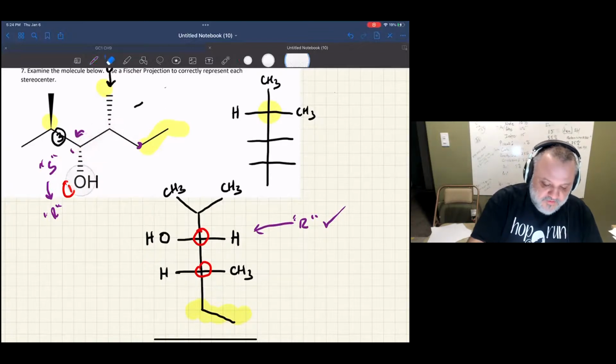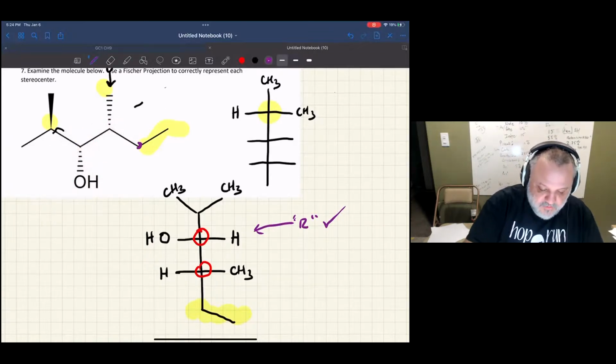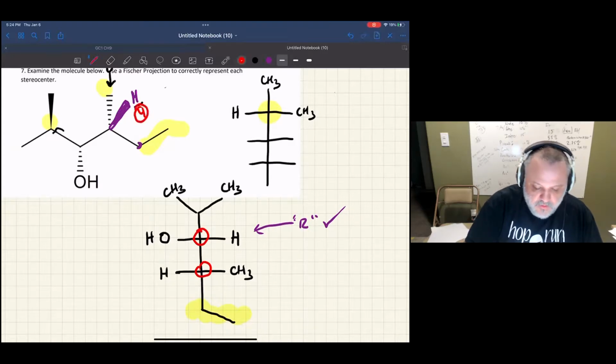All right, what about this other one? What about this guy here? I've got the hydrogen group coming towards me. That's going to be priority number 4. What are the other priorities? The methyl group is going to be priority number 3.